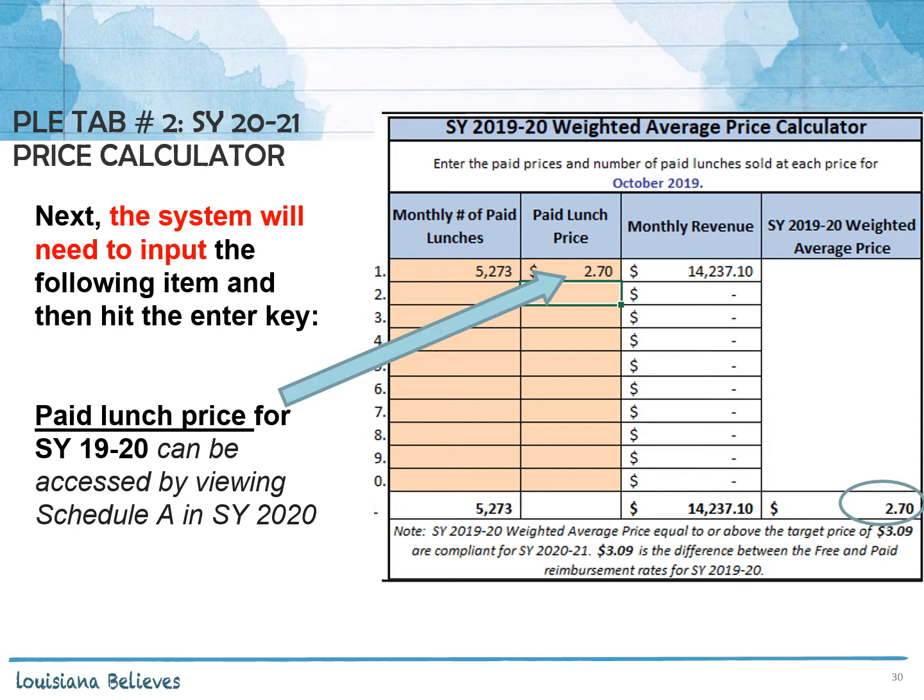In this scenario, our monthly revenue was $14,237.10. The tool also auto-calculates your weighted average price, which in this example is the same as our paid lunch price since we only charged one price point. We will see in a future example how this tool is utilized when multiple price points are charged.